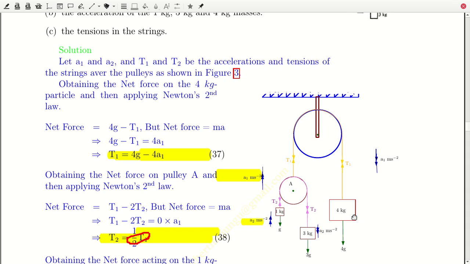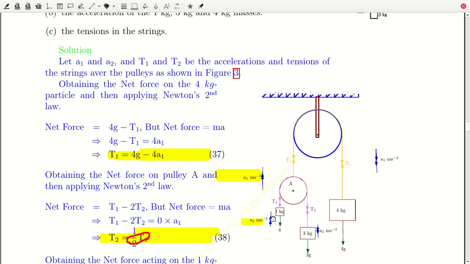Then the 4 kilogram mass: the pulley will move upwards, the 4 kilogram mass will move downwards, but it will move at an acceleration of still g over 7 meters per second squared, the value of A we had got. This pulley moves upwards, this one will accelerate downwards using the same value.